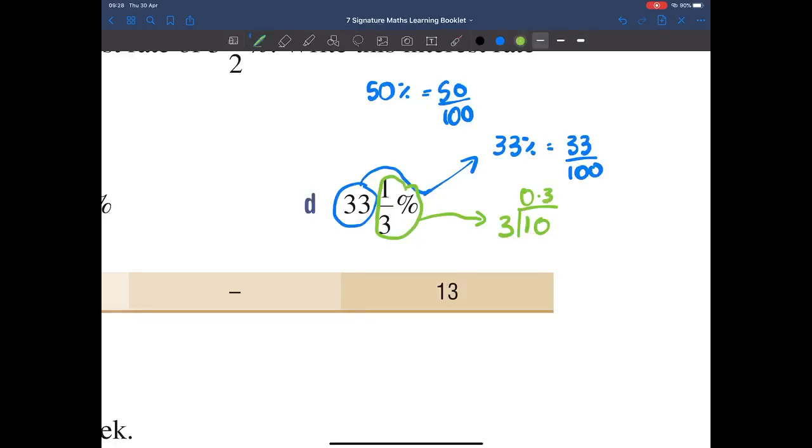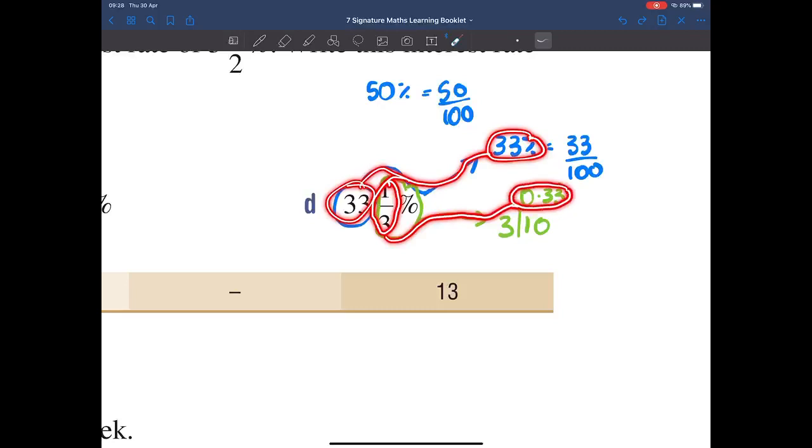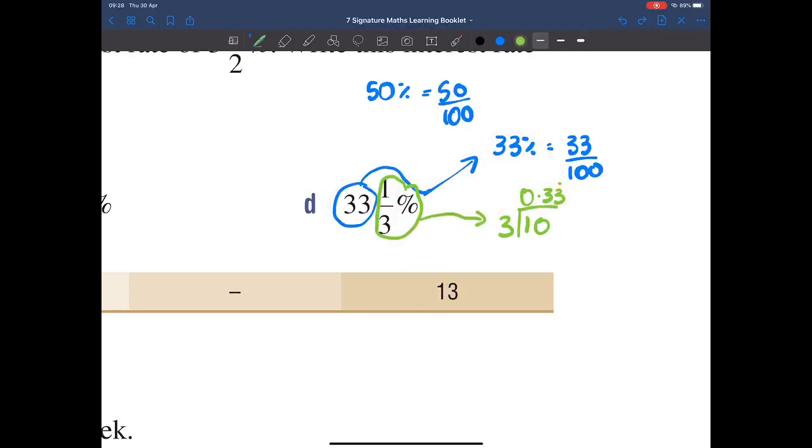And you know from previous examples that this is going to be 0.33 recurring forever. So if we combine what 33 is as a percent and what 1/3 is as a percent, we can combine them together.